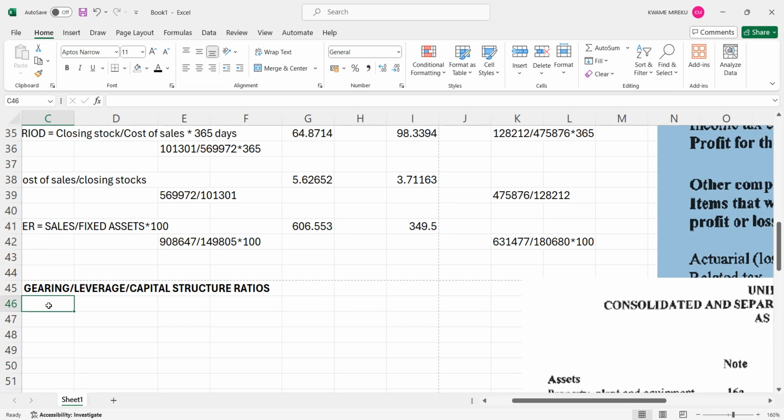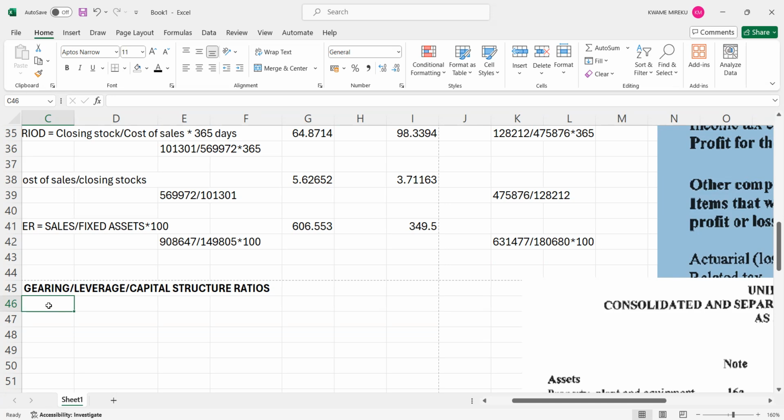So firms that have more of outsiders' funds compared to the owners' contribution, we call them highly geared businesses.